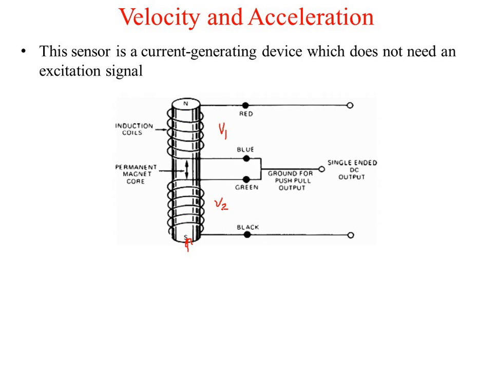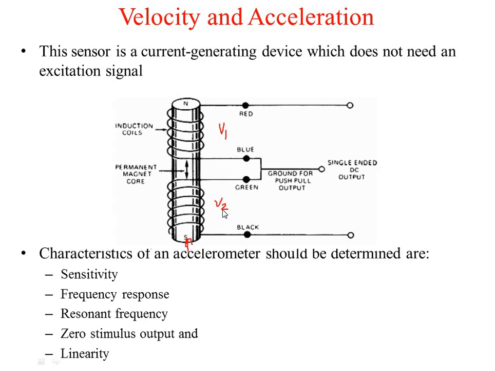The effective voltage V, the output, will be proportional to the movement of this magnet. So this is how you measure the velocity of the magnet, and that output is proportional to the velocity of the magnet.